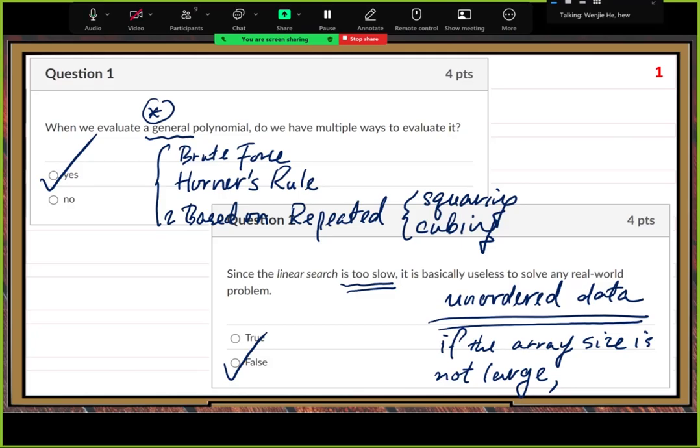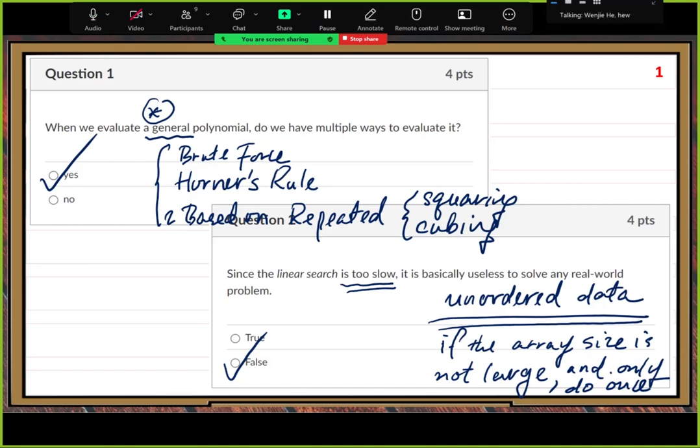Another factor is that you only do the search once, not many times. If you search many times, it's better to sort. But if you only do the search one time, then it's different.